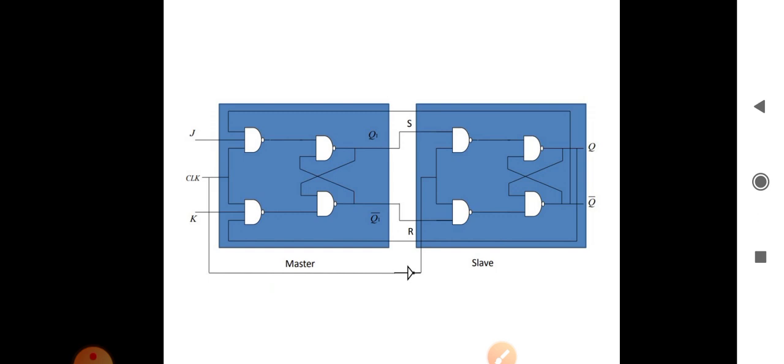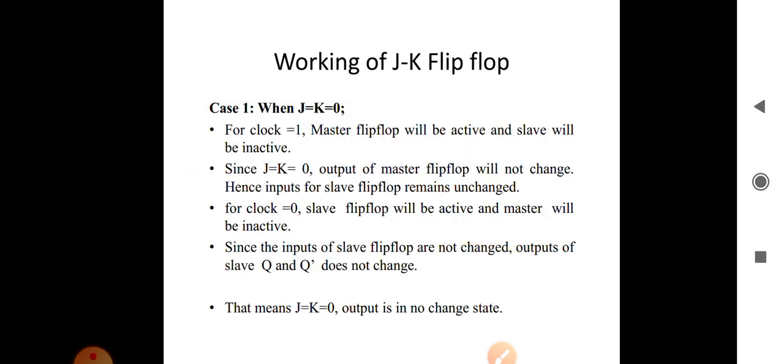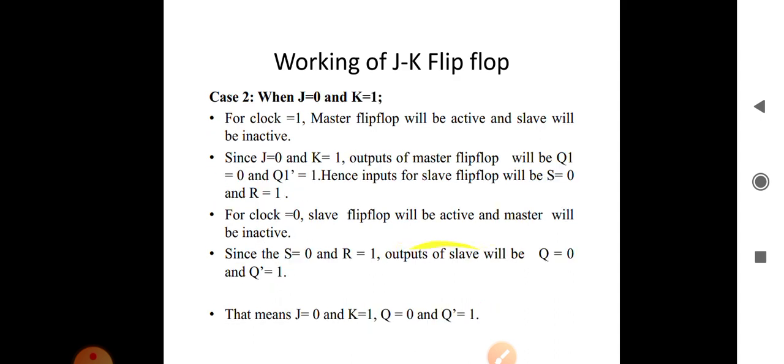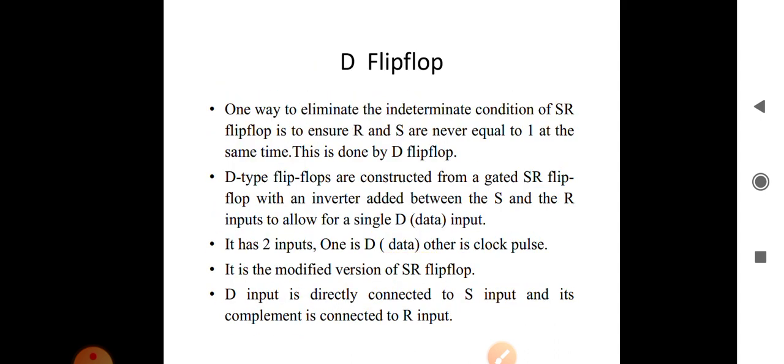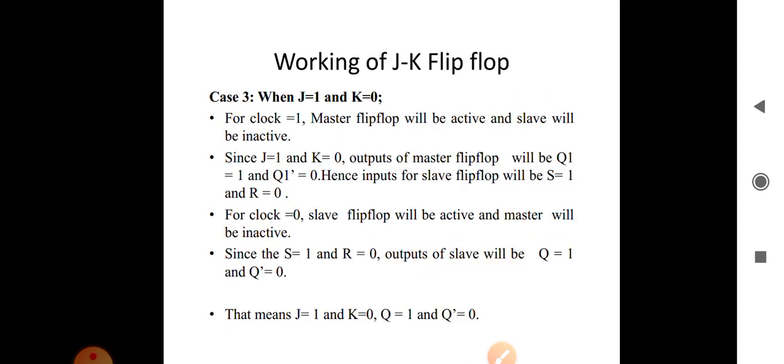See here. I hope you understood the working of the JK flip-flop, the master slave JK flip-flop. Say I give J is equal to 1 and K is equal to 0.